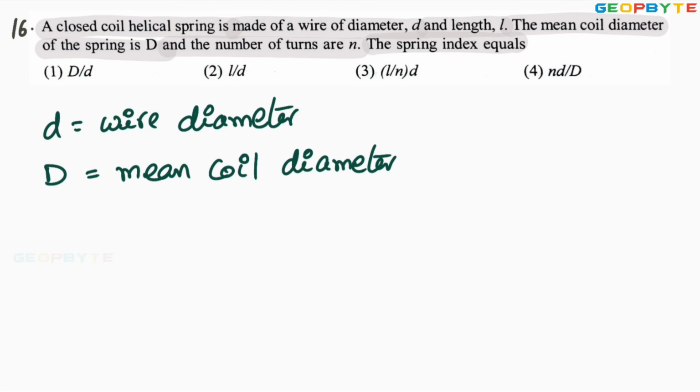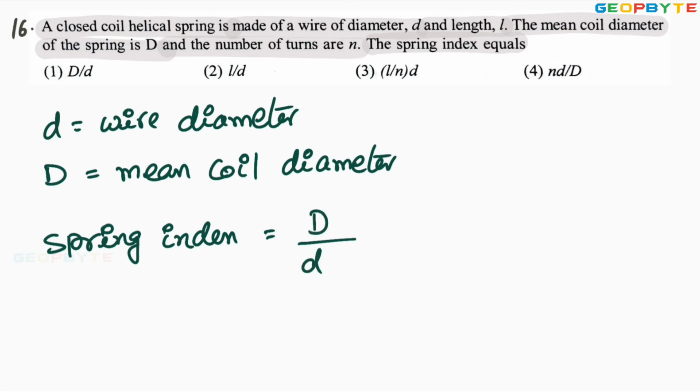Therefore, the spring index is equal to ratio between the mean coil diameter and wire diameter. Spring index may be denoted by small c. Ratio between the coil diameter and wire diameter is the spring index.